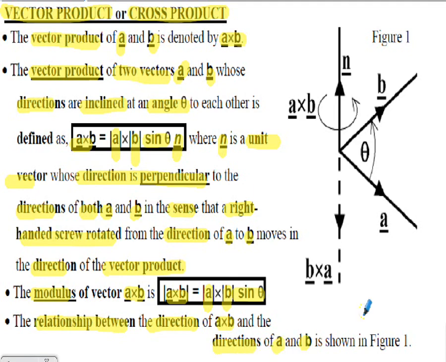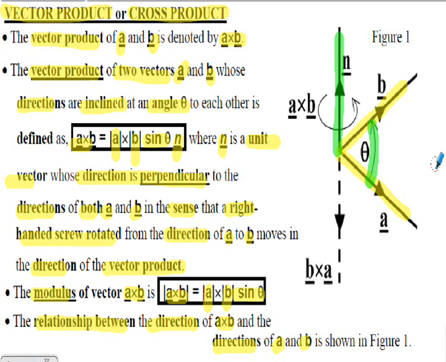So in figure 1 we've got vector A drawn here, vector B drawn here, and we have angle theta between them. If we move from this vector A through to vector B in this direction, we find from the right hand screw rule that the direction of the cross product A cross B is in this direction.